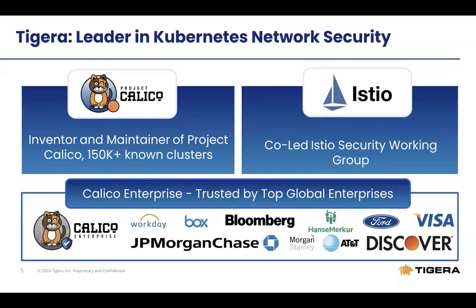That is critical for some of our customers. As you can see here, we have a lot of customers coming from the financial services industry, automotive industry, tech and web, and insurance as well. So we have a wide variety of customers who are using our product today to secure their mission critical applications.